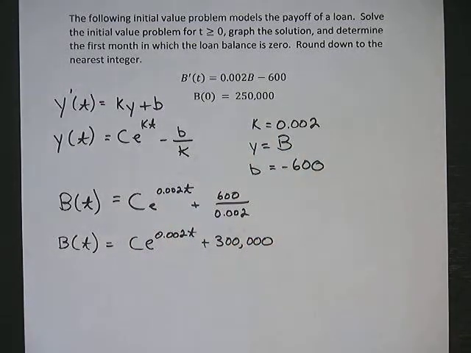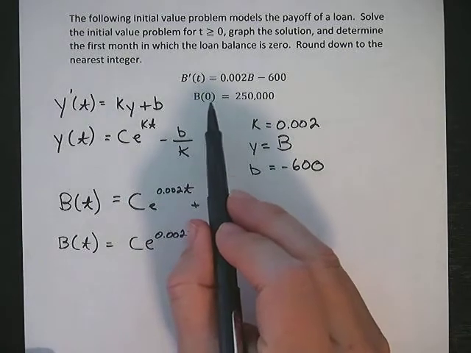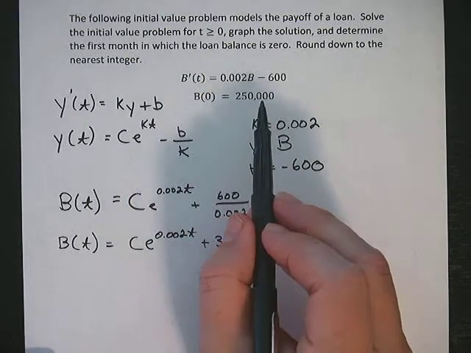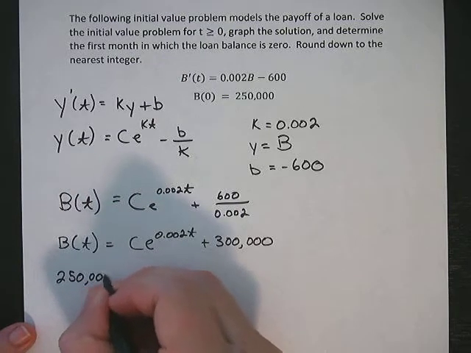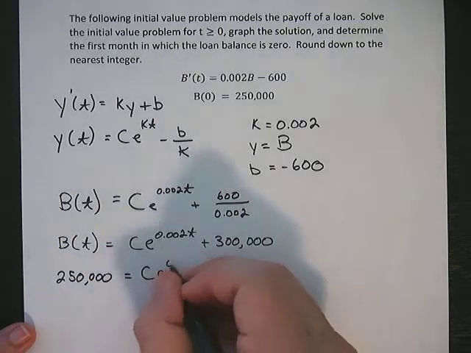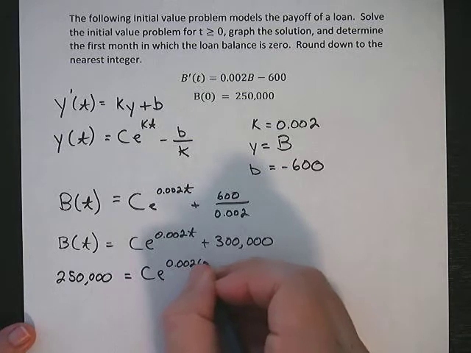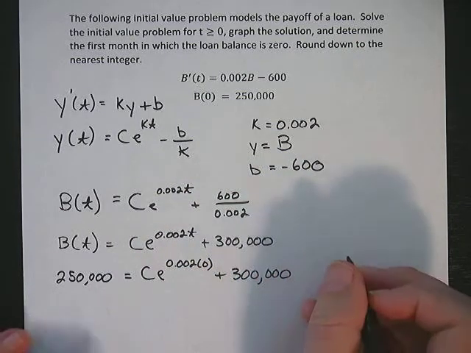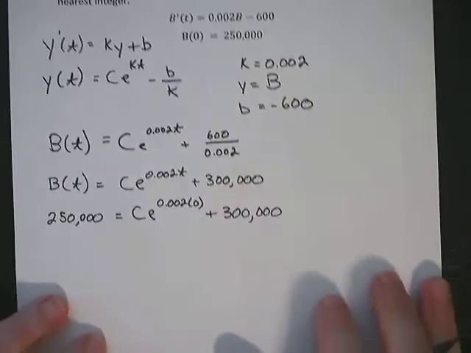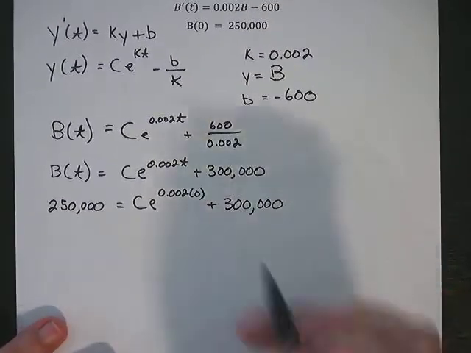Okay, so now we have our solution, but we still have a constant that's floating around, so we need to figure out that constant, which means we need to plug in our initial condition: 0 in for t equals 250,000. So 250,000 equals c e to the 0.002 times 0 plus 300,000. If we move the 300,000 over, that becomes negative 50,000.